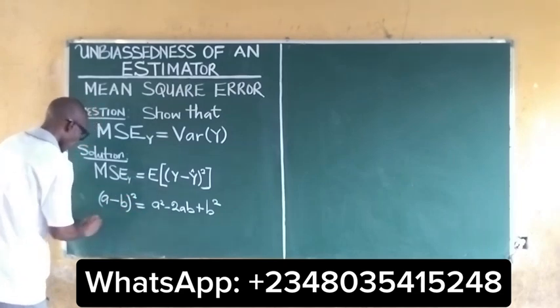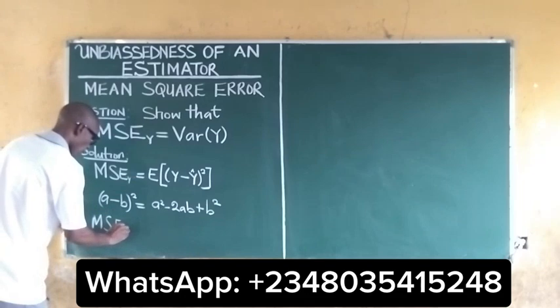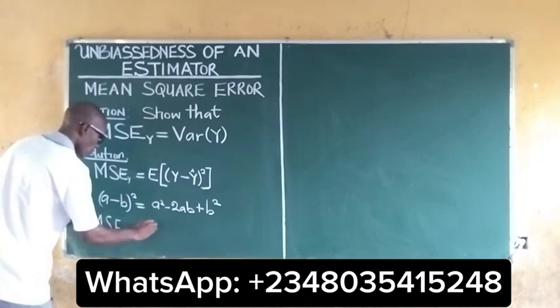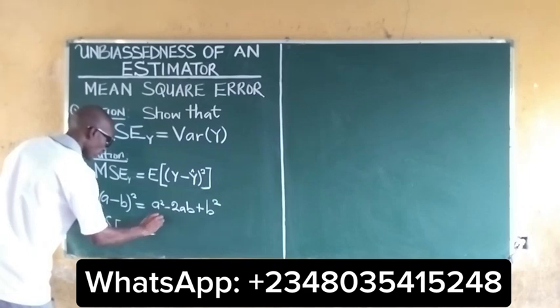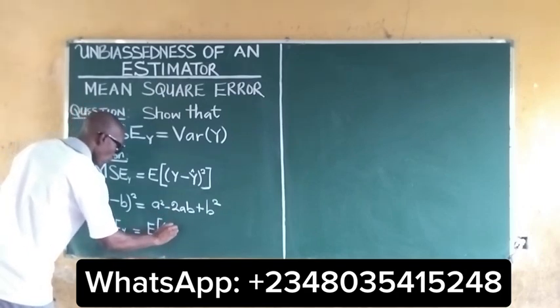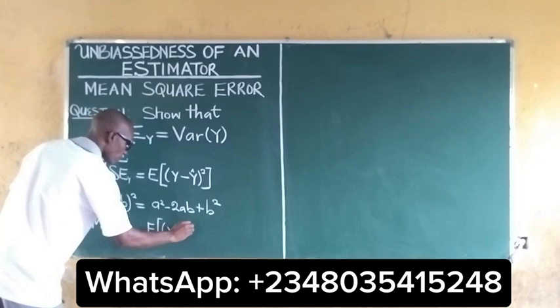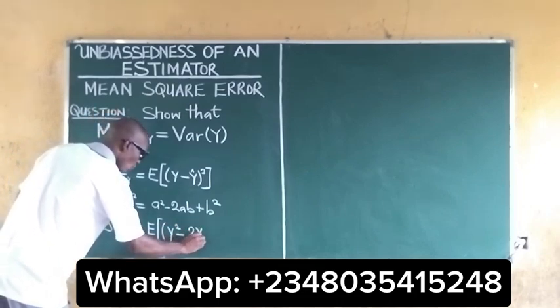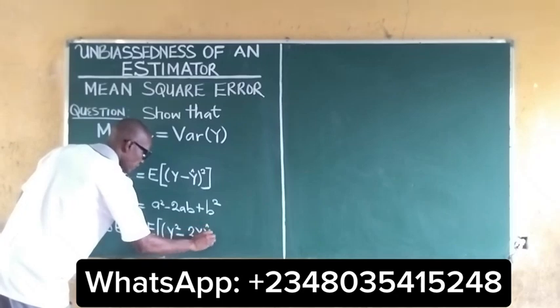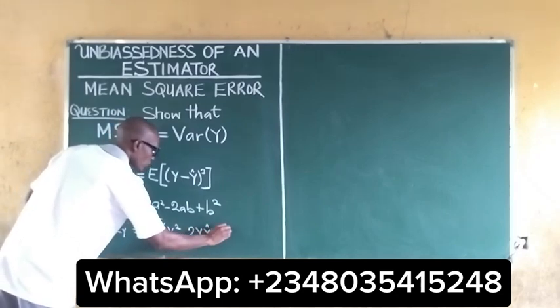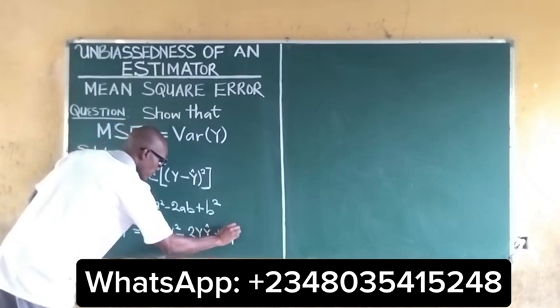In the same vein, our mean square error for y will be equal to the expected value of y squared minus 2y y estimate plus y estimate squared.